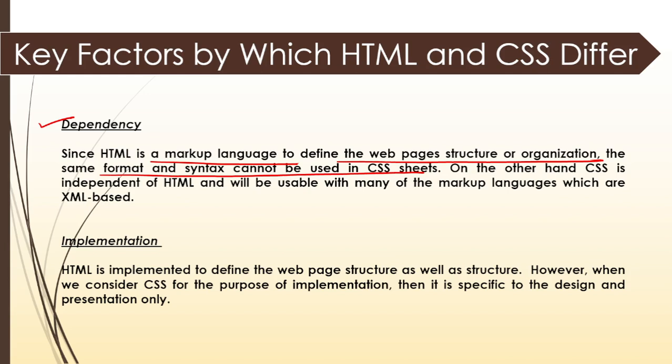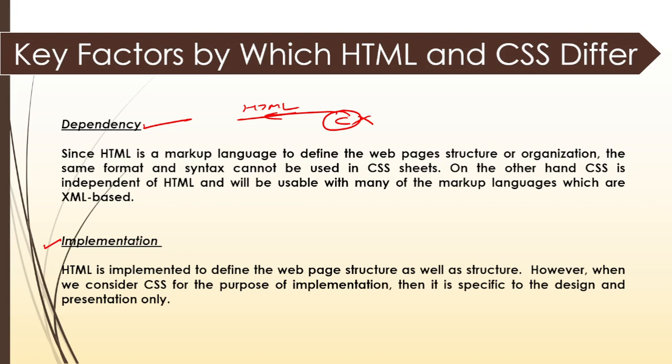That means we can use CSS along with any XML based markup languages. So this is called dependency. In short, HTML is dependent, but CSS is not dependent on any language, or we can say CSS is not dependent on the HTML code only, right?